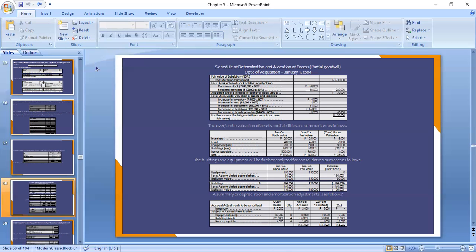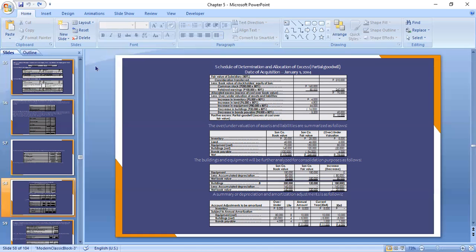Then the undervaluation and overvaluation of assets and liabilities are summarized below. For inventory, the book value is 20,000, the fair value is 25,000. So in other words, there is an undervaluation of 5,000.